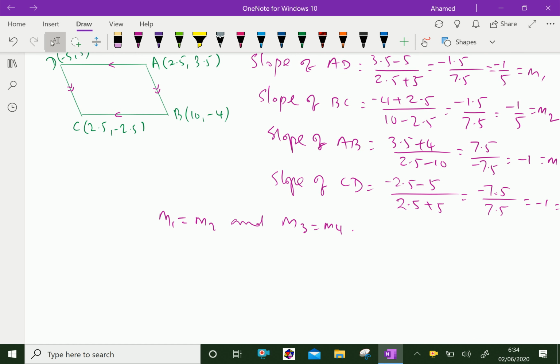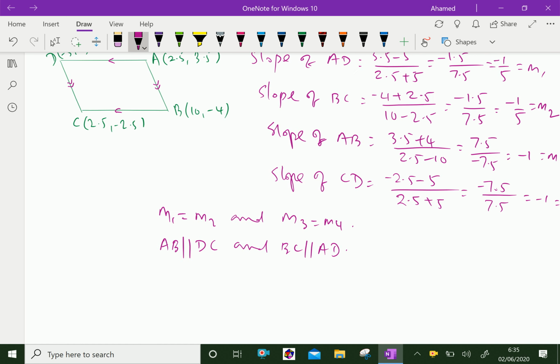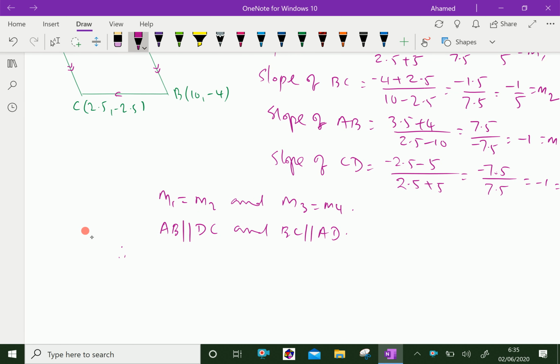Therefore, AB is parallel to DC and BC is parallel to AD. Therefore, we can say ABCD is a parallelogram.